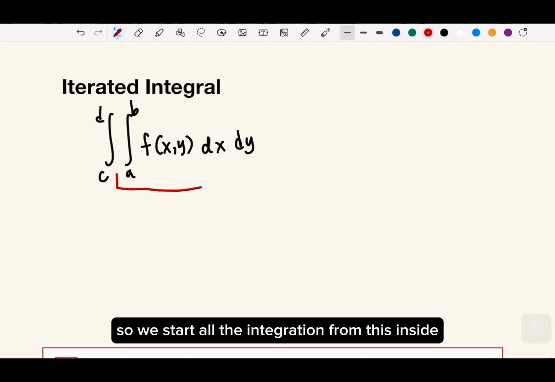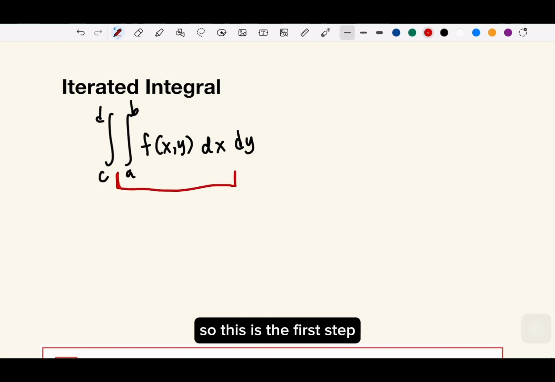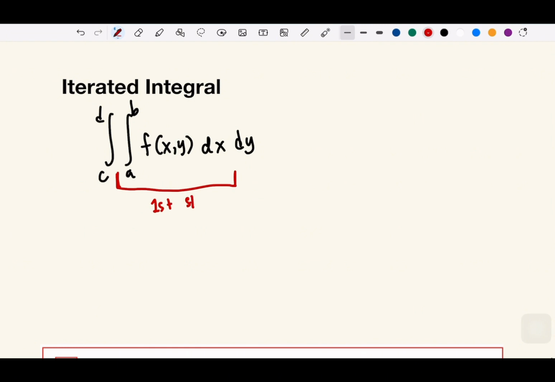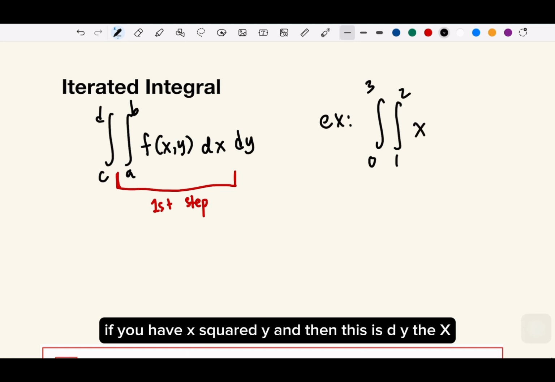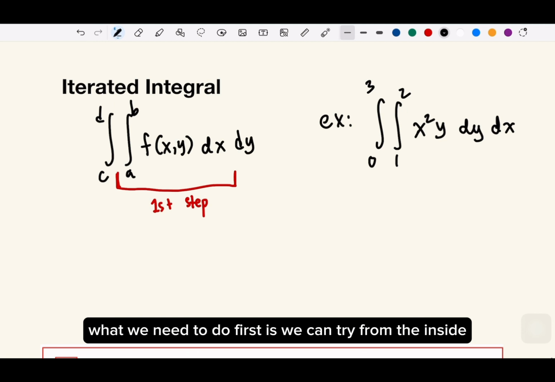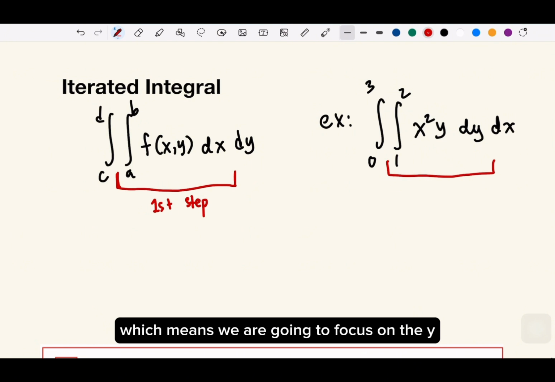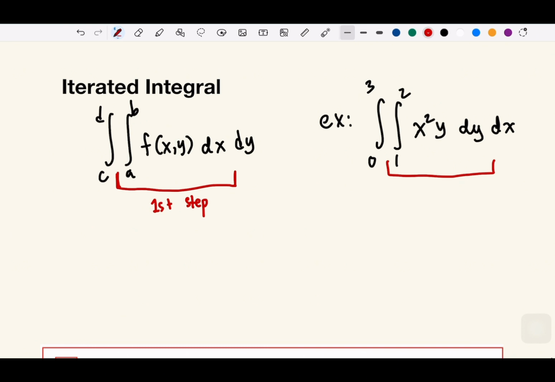We start the integration from the inside integral. This is the first step. For example, if you have x squared y, and then this is dy dx, what we need to do first is work from the inside, which means we focus on dy. We integrate only y, and x is like a constant.